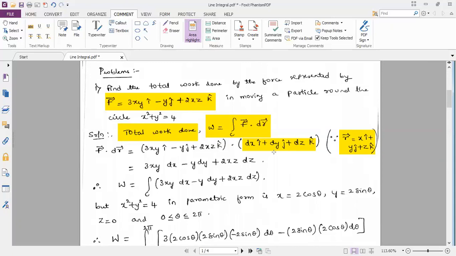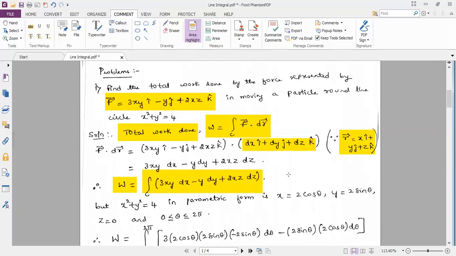The rest all dot products are 0. So we obtain 3xy dx minus y dy plus 2xz dz. Therefore, the total work done W is equal to integral over C of the F dot dr function evaluated, substituted here.